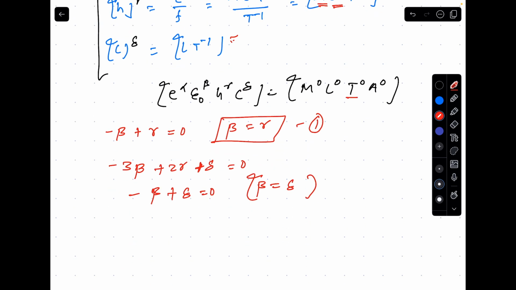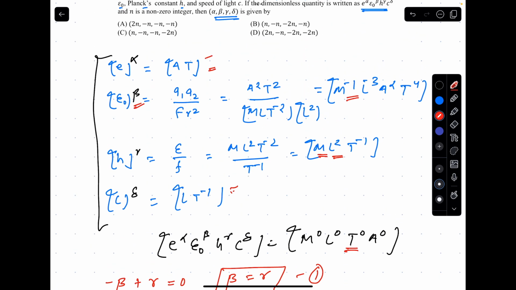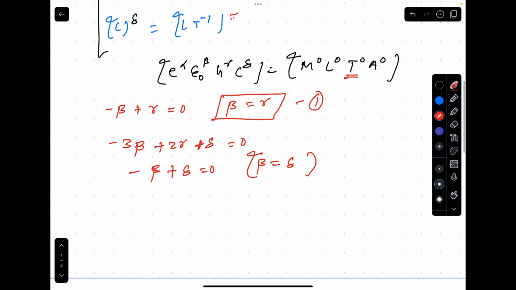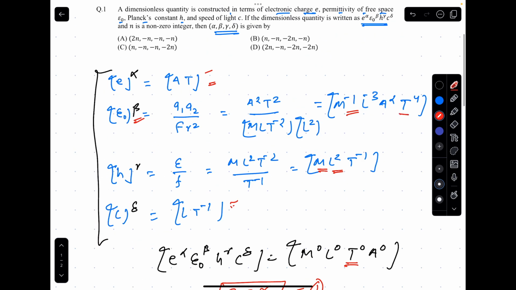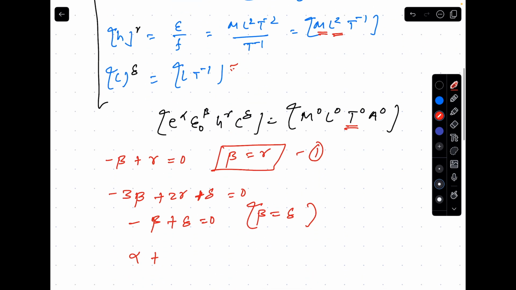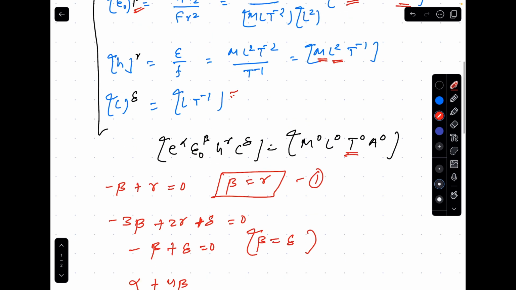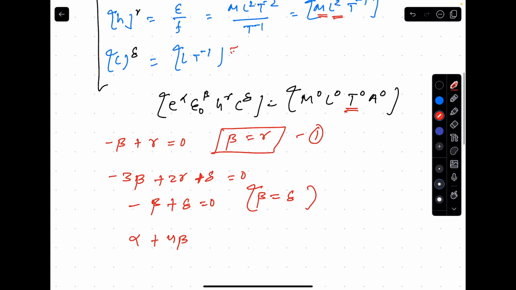Third relation we can get from the time. So the time power is alpha, then we have 4 beta, and then we have minus gamma, and minus delta equals to 0.